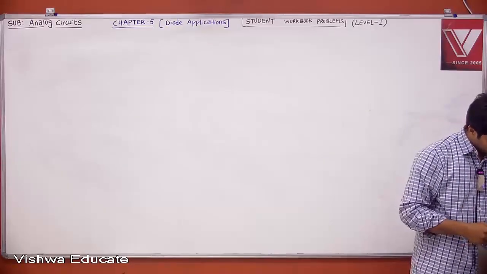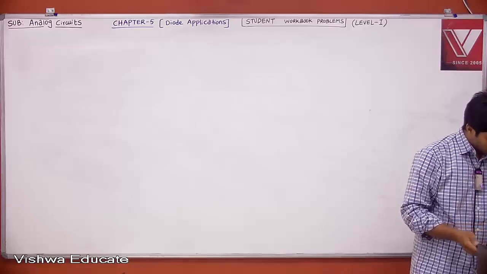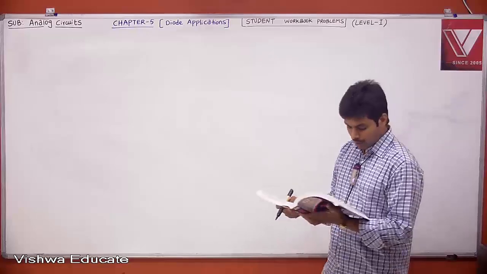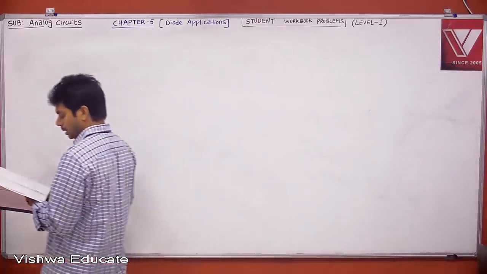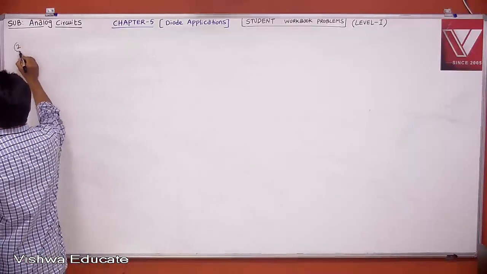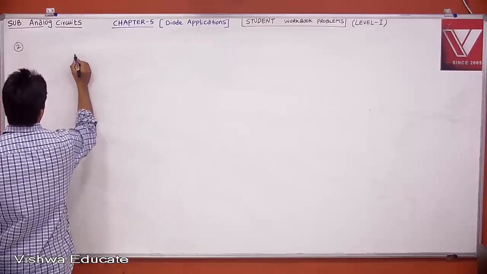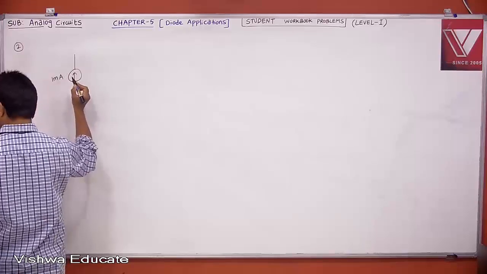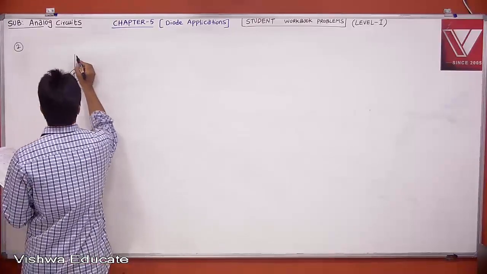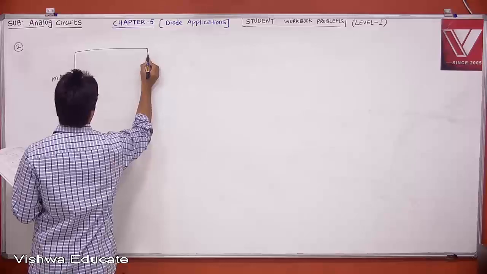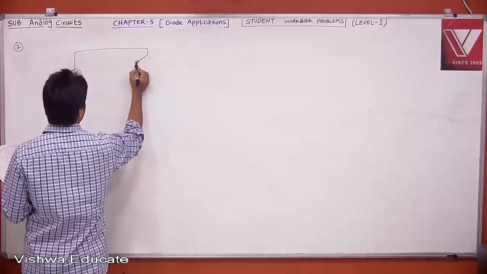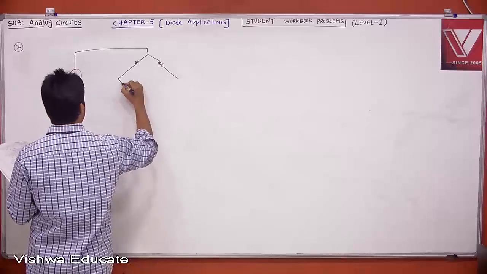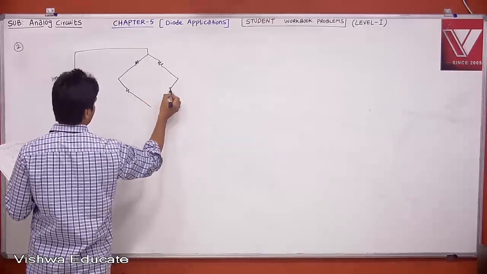The diode in the circuit given below has V on 0.7 volt, but it is ideal otherwise. Therefore, second approximation. The current in 4 kilo ohm resistor is, circuit is, this is an ideal current source, 1 milliampere, and here resistor, here also resistor, here also resistor.